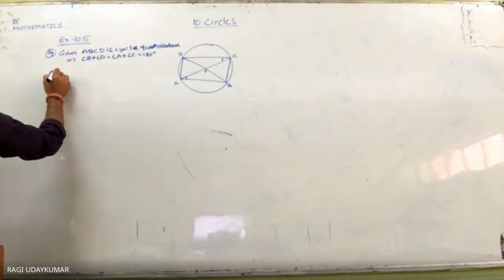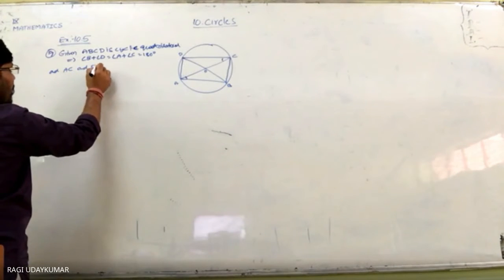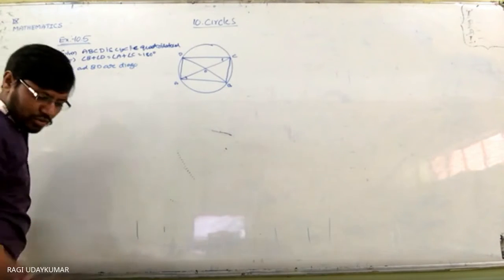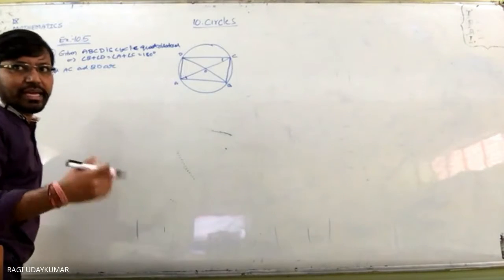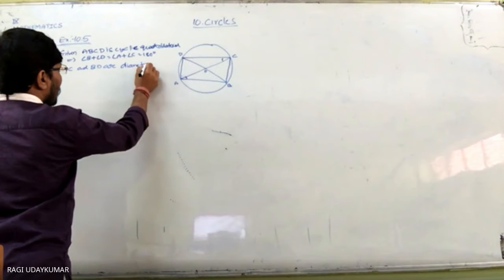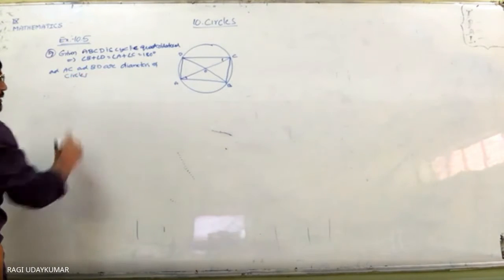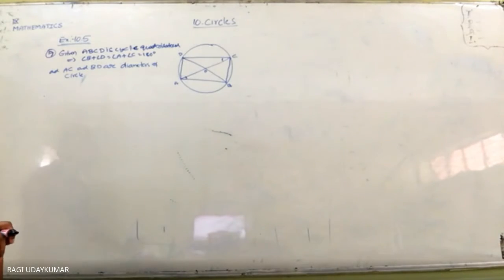And AC and BD are diagonals. These diagonals are diameters. Question में क्या किया, diagonals are diameters of the circle.